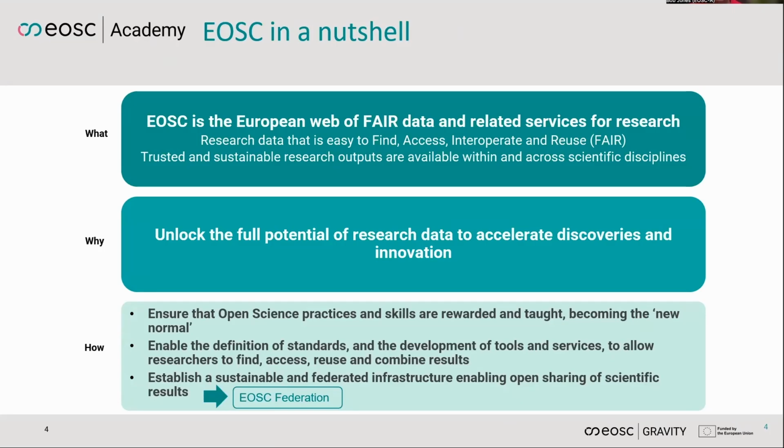And this can be all research outputs, not just data, so that we can use that across boundaries, be those discipline boundaries, different sciences, or between countries in Europe, so that we can support multi-country teams and usage as well, and put all those together to create this part of the European research area. The benefit of doing this is to unlock the potential of the research data and outputs and help us accelerate discoveries and innovation.